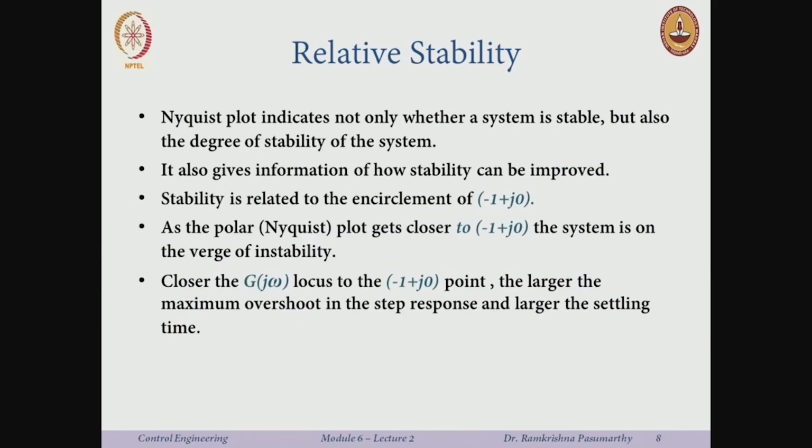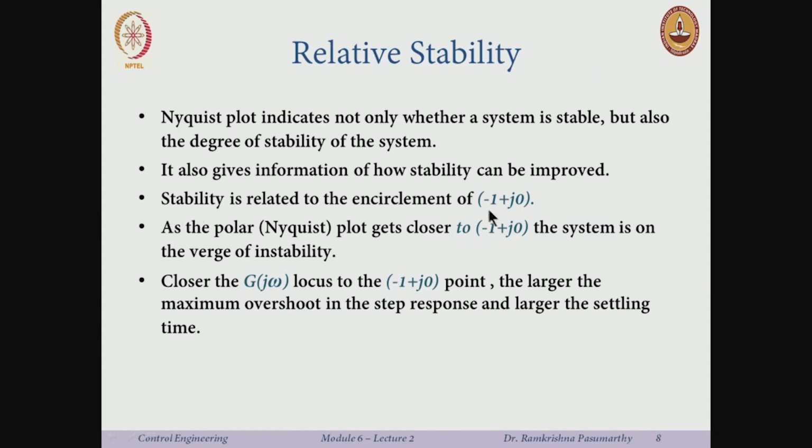Now, what is then the beauty of the Nyquist plot? The Nyquist plot indicates not only whether a system is stable, but also the degree of stability. We will also see how it gives some information on whether the system stability can be improved.